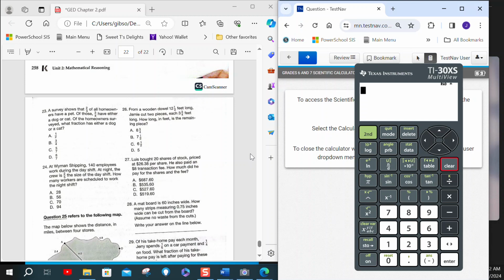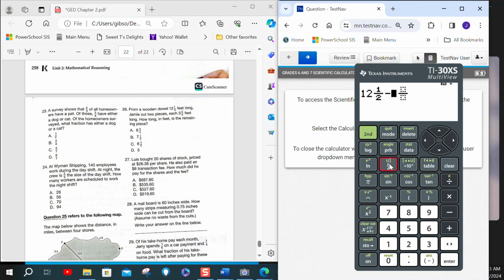From a wooden dowel, 12.5 feet long, Jamie cut two pieces, each 3 3/4 feet long. How long in feet is the remaining piece? So what we do, we would take this mixed number, which is 12, and then 1 over 2. Press our right arrow. Then we would subtract 3 3/4.